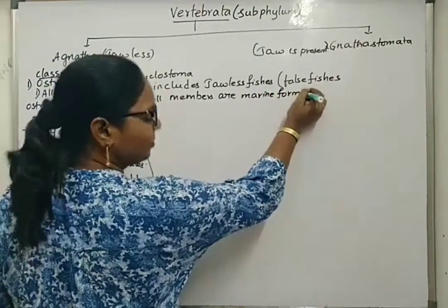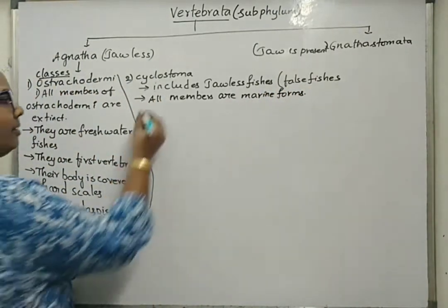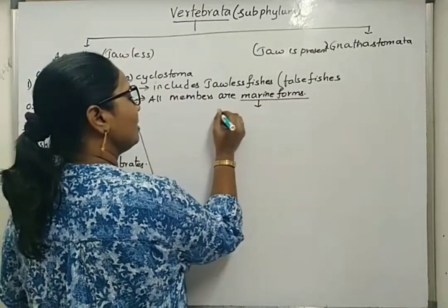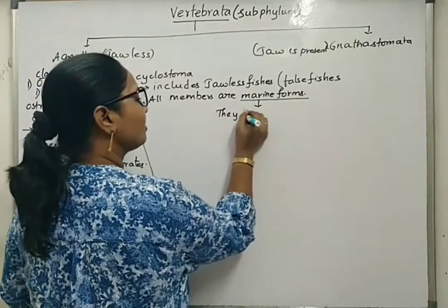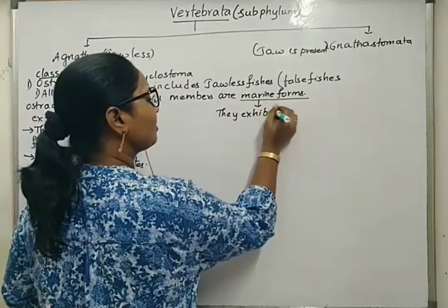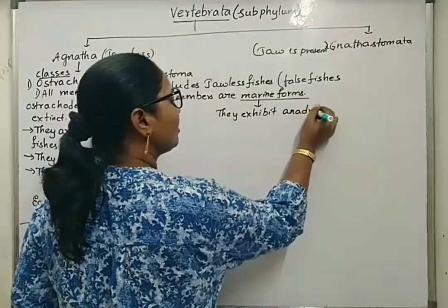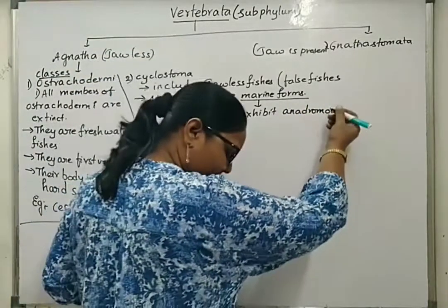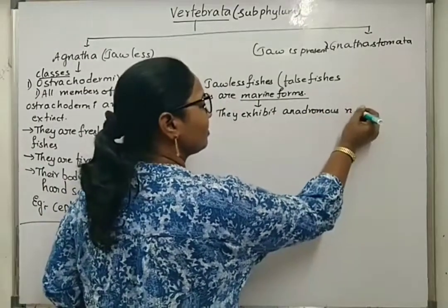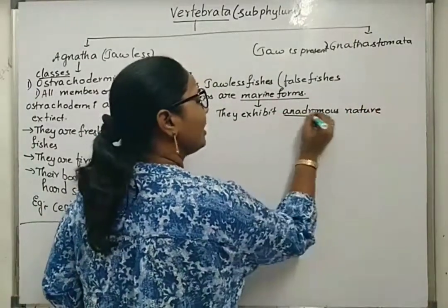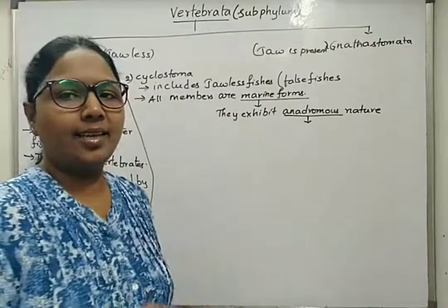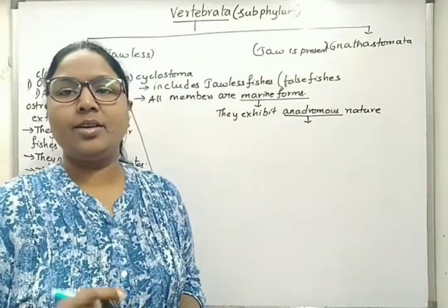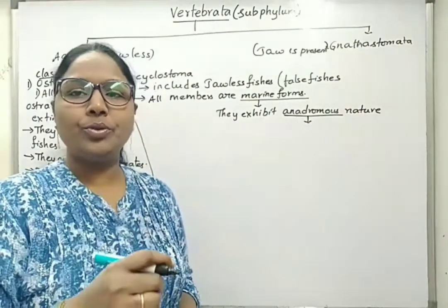Next, they exhibit anadromous nature. Anadromous nature means they are basically marine organisms, but only during the reproduction season, for breeding purposes, they move to fresh water.